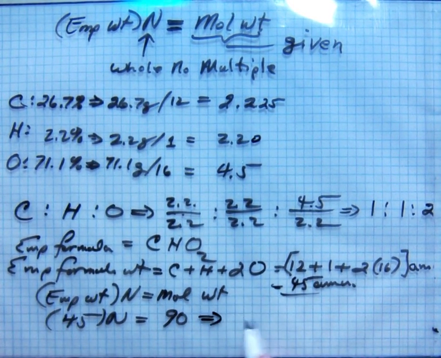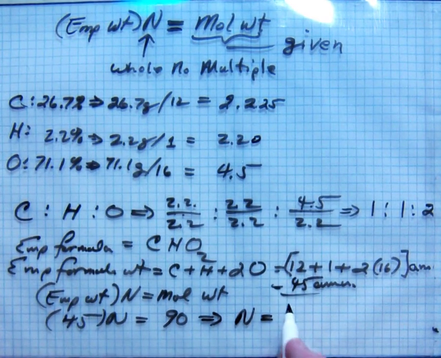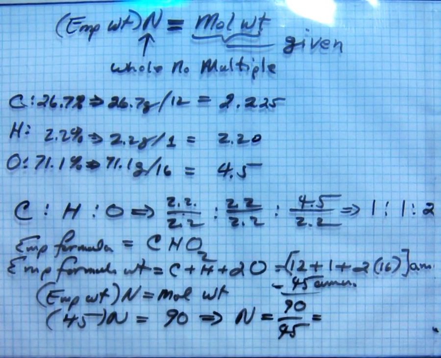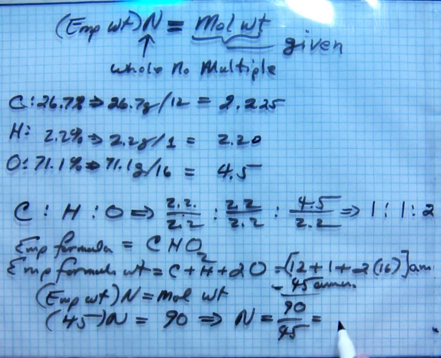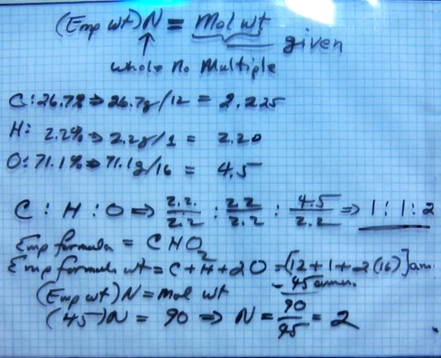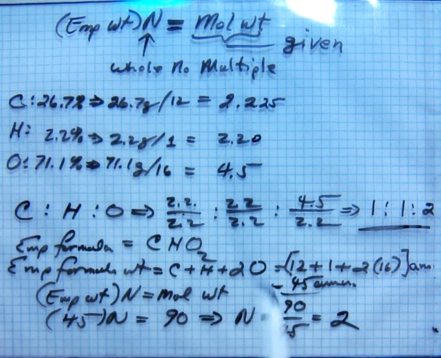And from here, n is equal to 90 over 45. I carry these things out. I know you know what 45 into 90 is, but for academic reasons, I'm assuming there's somebody out there who needs that. 2.